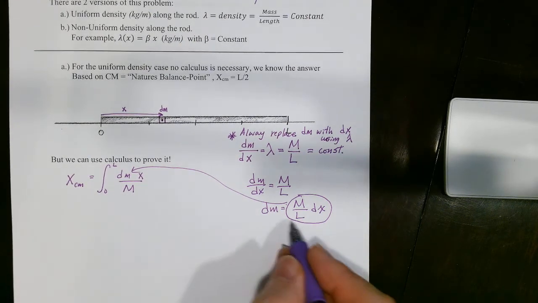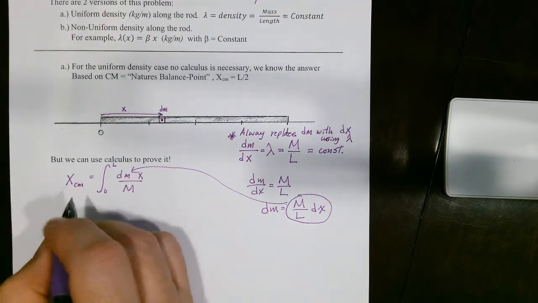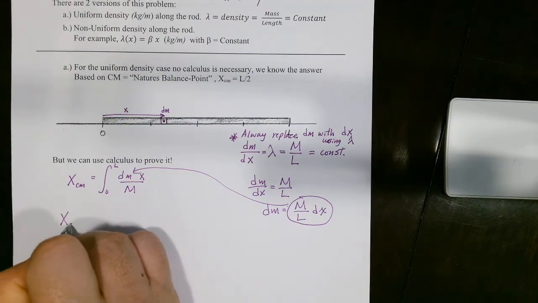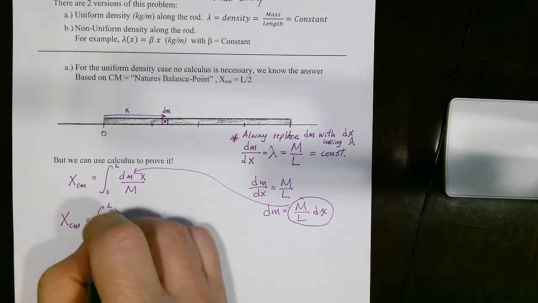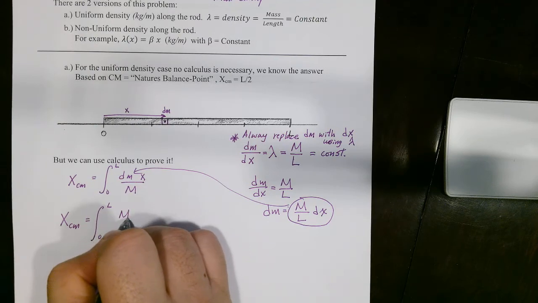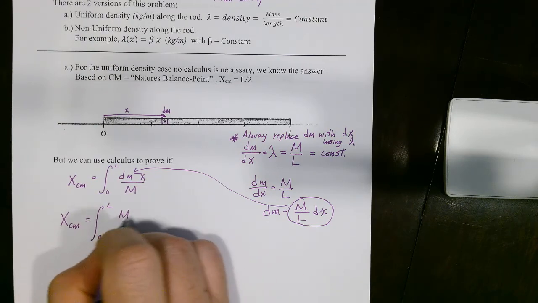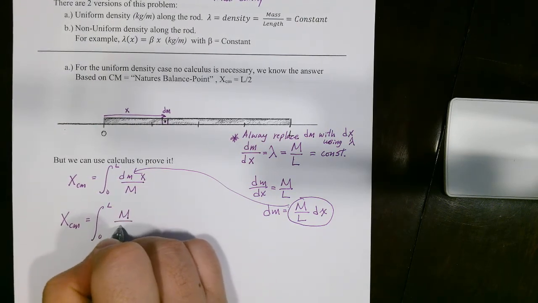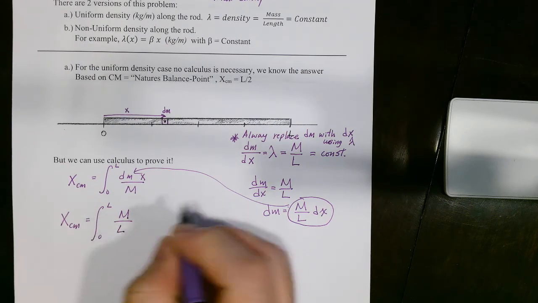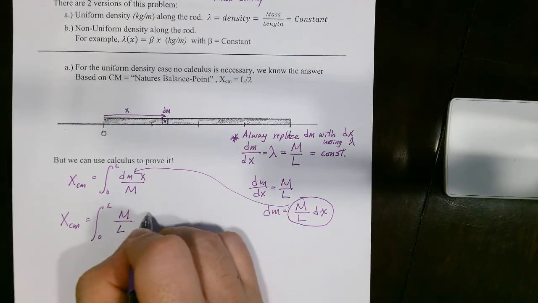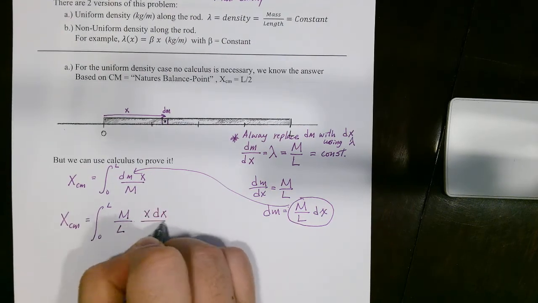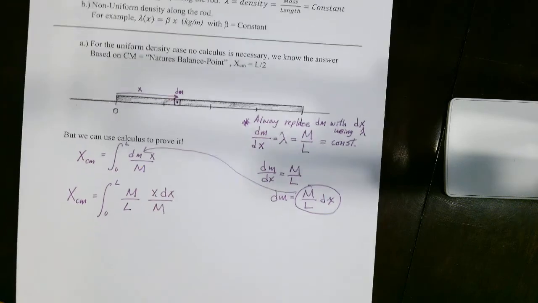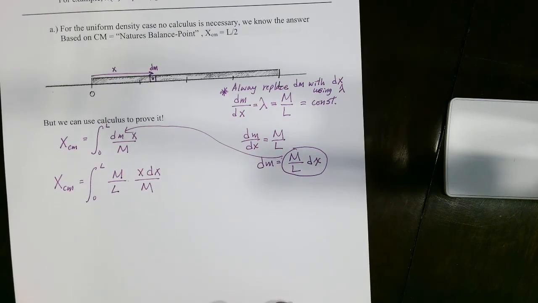So if we substitute that in, x sub cm is equal to the integral from 0 to L of M over L times x times dx over M. Okay?